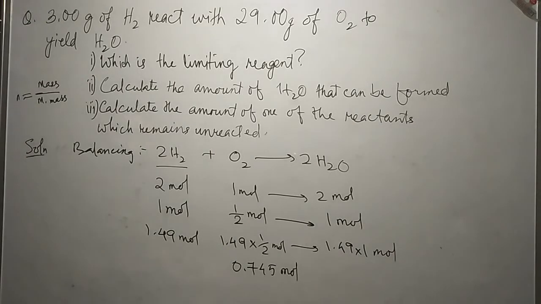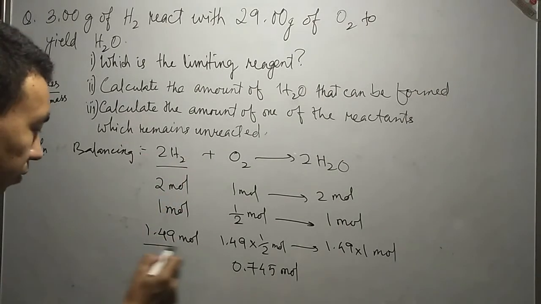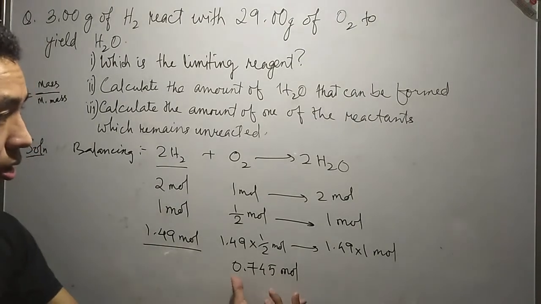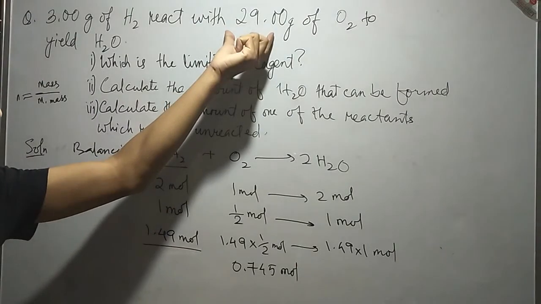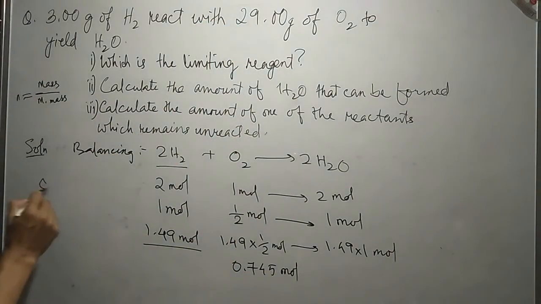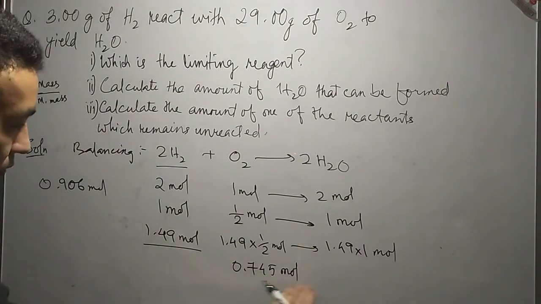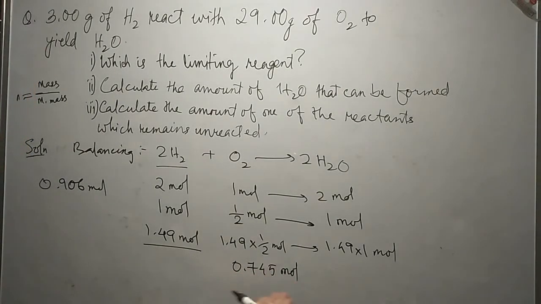Now you see, of the total hydrogen molecule, we have 1.49 mole and we used up all of it. But for oxygen, in 29 gram we got around 0.906 mole, and out of that we have used up only 0.745.